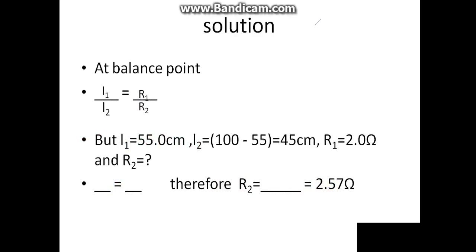L2 is equal to, in bracket, 100 minus 55, which is equal to 45 cm. R1 is 2.0 ohms and R2 is unknown. 55 over 45 is equal to 2.0 over R2. Therefore, R2 is equal to 2 times 45 all over 55, which is equal to 1.64 ohms.